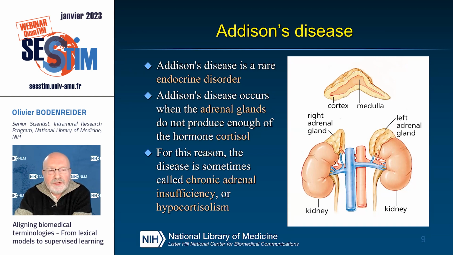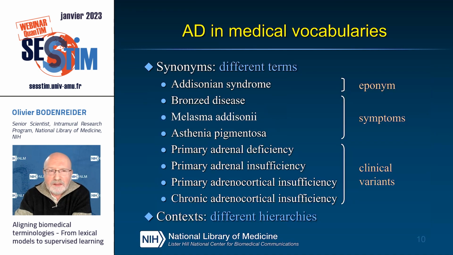And for these reasons, Addison's disease is also referred to as chronic adrenal insufficiency or hypocortisolism. And I'm mentioning this because these features show up in the names that have been given to Addison's disease.